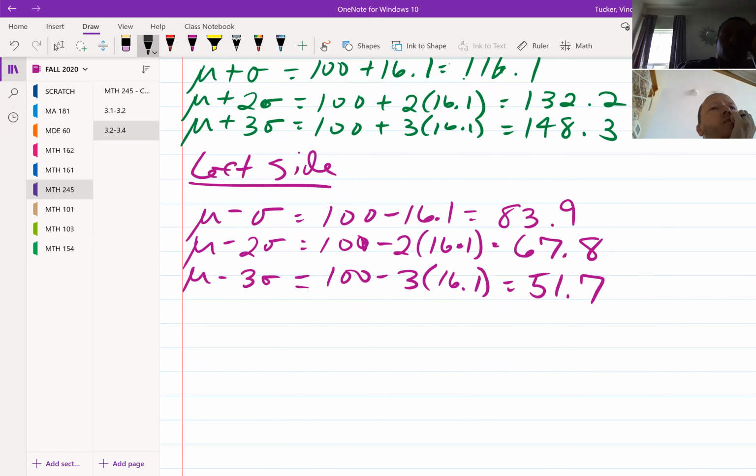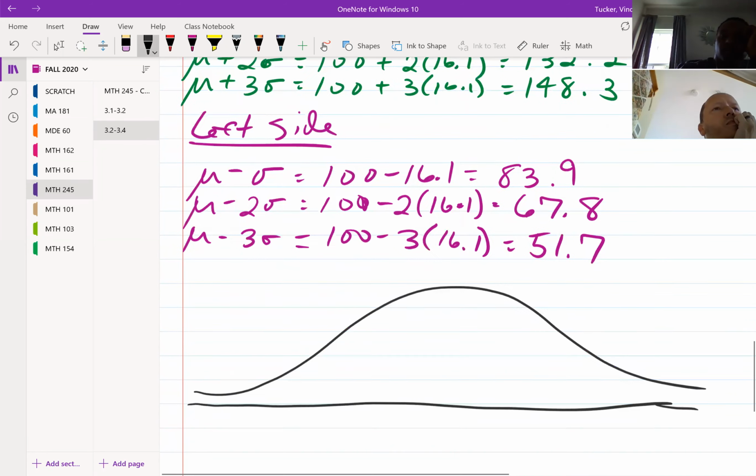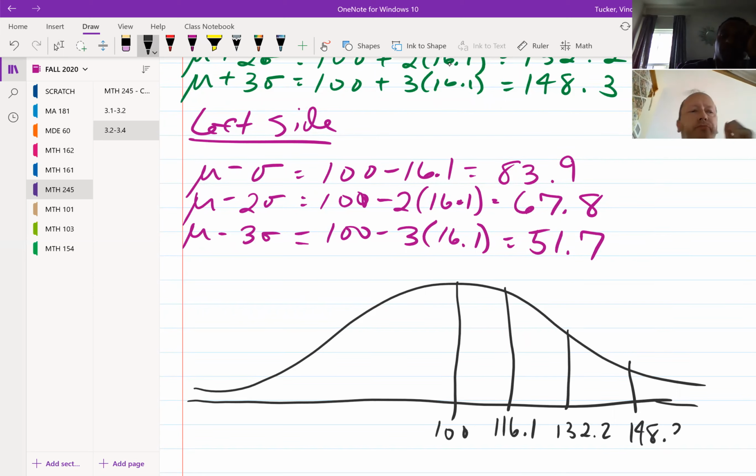All right, so let's go back to that empirical rule chart. Start in the middle with our mean, which is 100. To the right of it is 116.1, 132.2, 148.3.